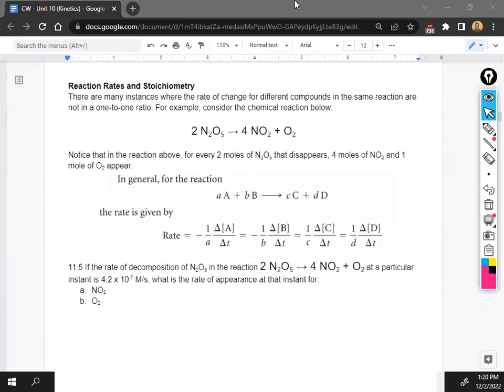Okay, so I know you guys love stoichiometry, and so we are going to talk about stoichiometry. Now, I don't want you to write this super long equation stuff, because at the end of the day, what you want to think about in terms of reaction rates is that different compounds in a reaction will appear and disappear at different rates, and that's going to depend on the mole ratio.